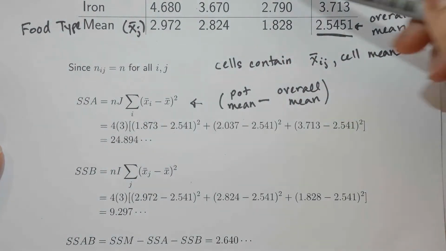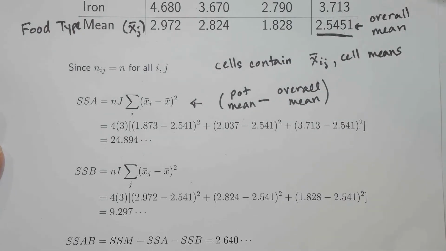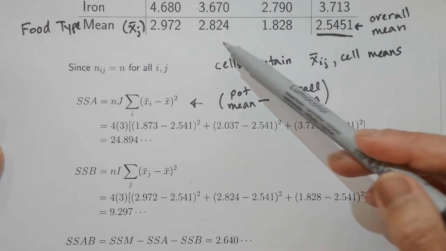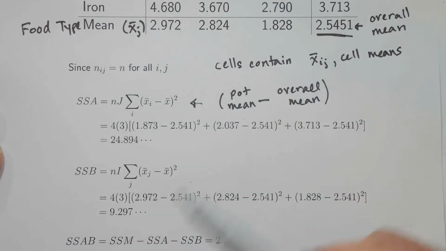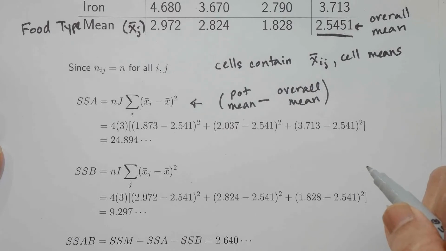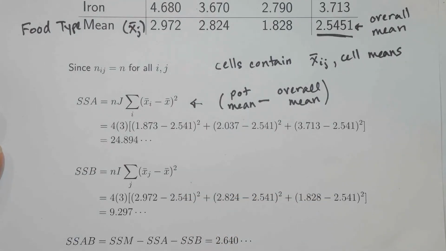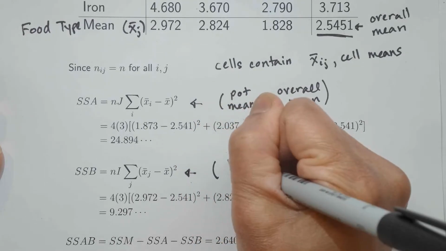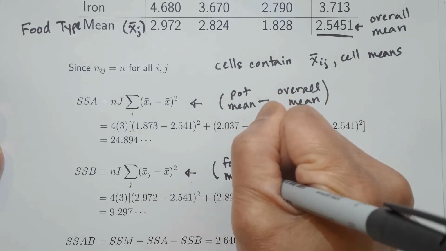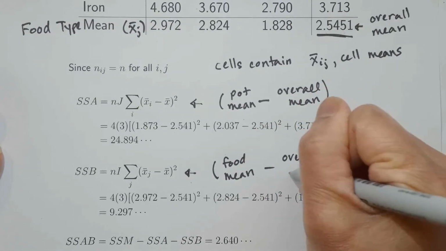Again, as I mentioned before, all of these values are rounded off, so when you do your calculations, you shouldn't round off. There are only 3 of these terms in the sum, and you end up getting something like 9.297 and so forth. For the sum of squares A, we got 24.894 and so forth. So for this sum of squares B, we looked at the food type mean minus the overall mean.